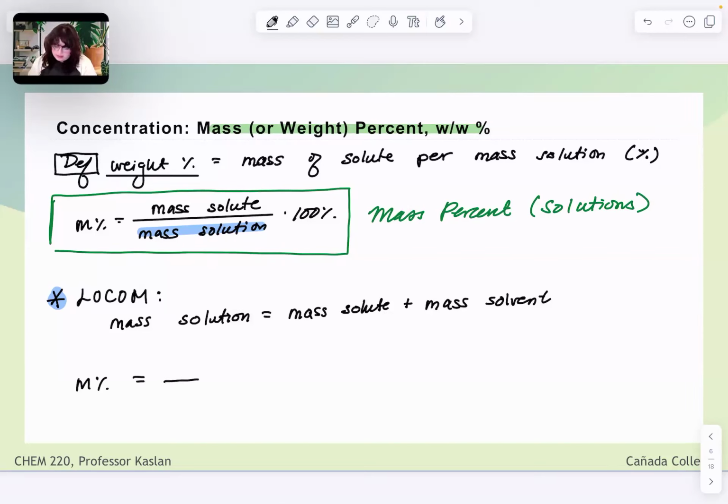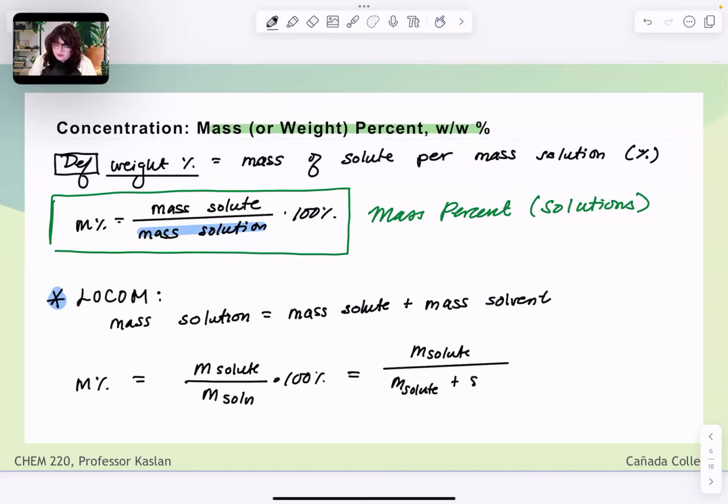So if I want to express a mass percent equation for a solution, I could write it in short form as mass of solute over mass of solution times 100%. And this is equivalent to mass of solute over the sum of solute mass and solvent mass, times 100%.